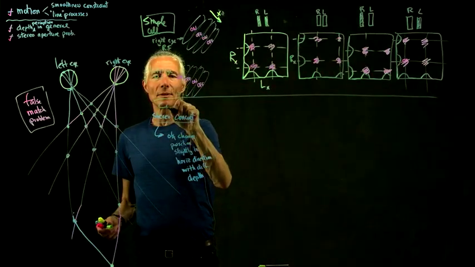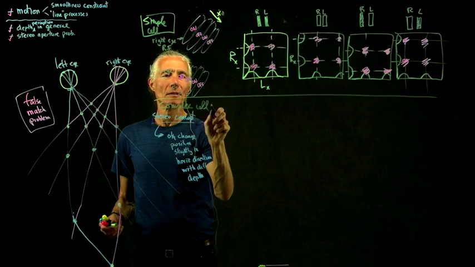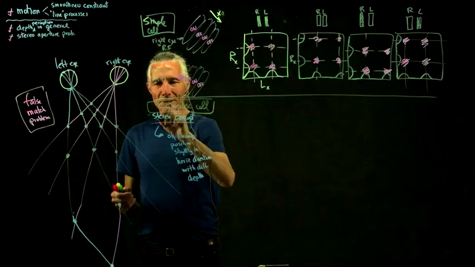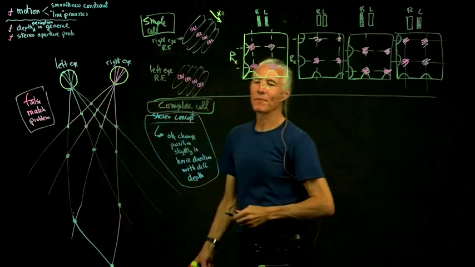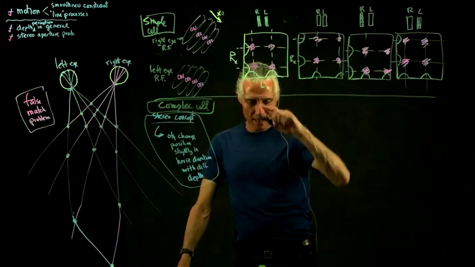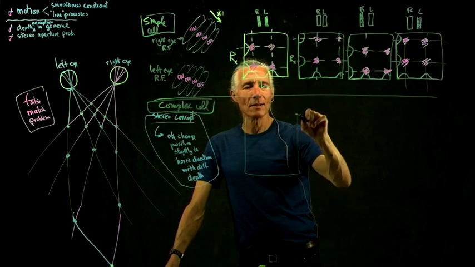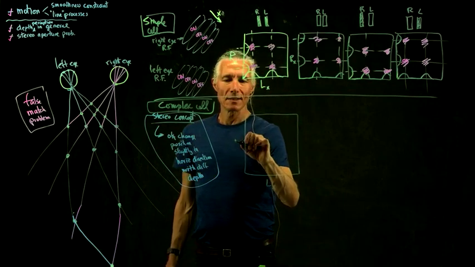Here's a complex cell. This is what I should have started with: the stereo concept. How does stereo actually work? If we look at what happens with a complex cell, you can find a complex cell that does what we really need it to do.